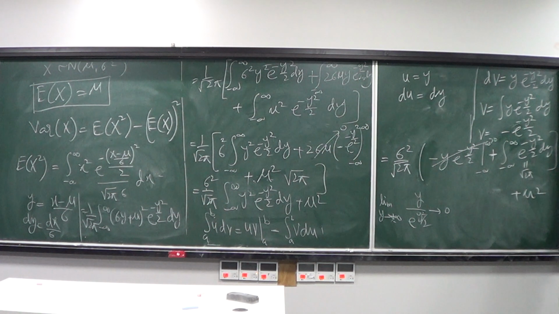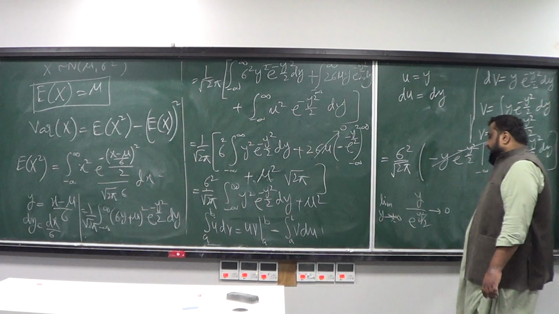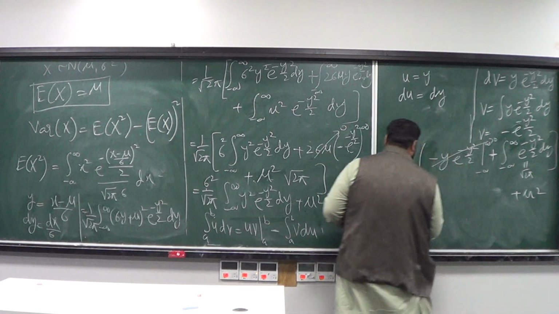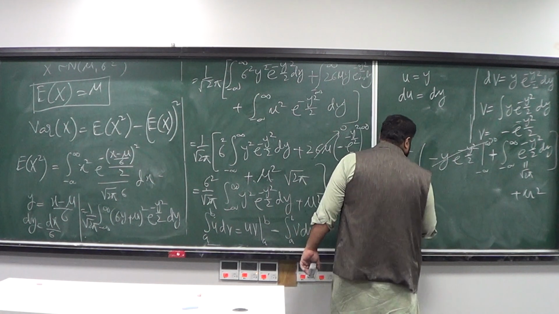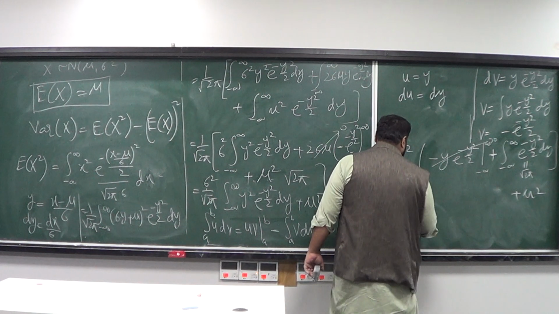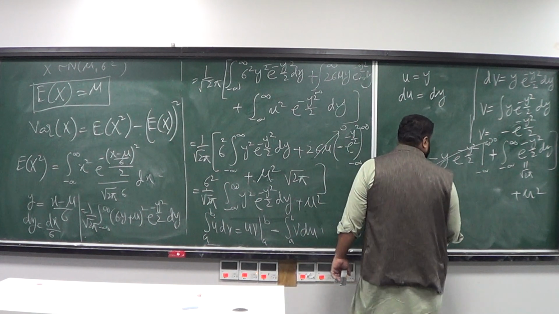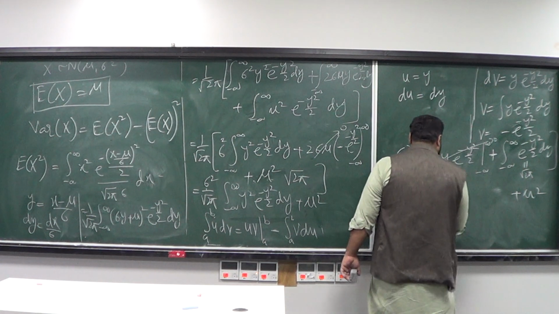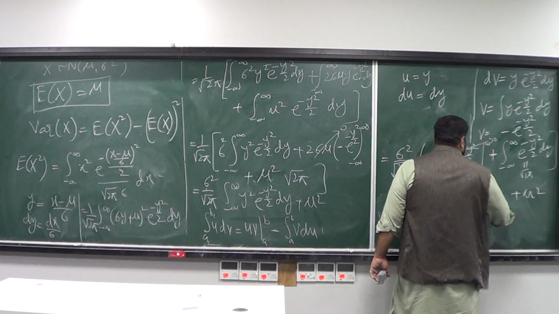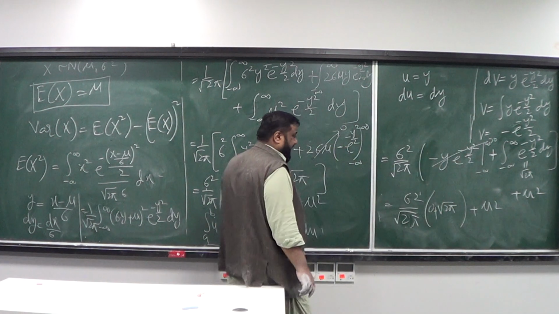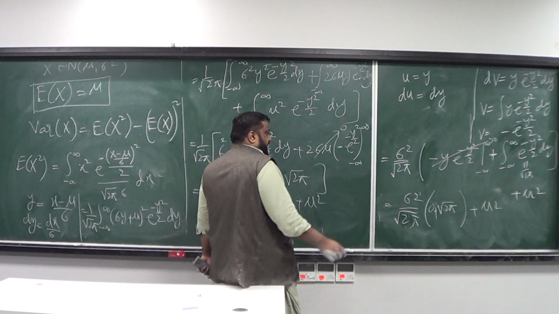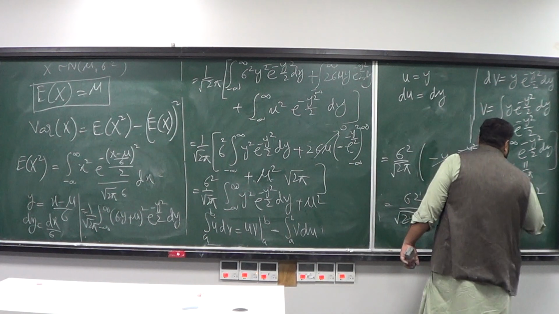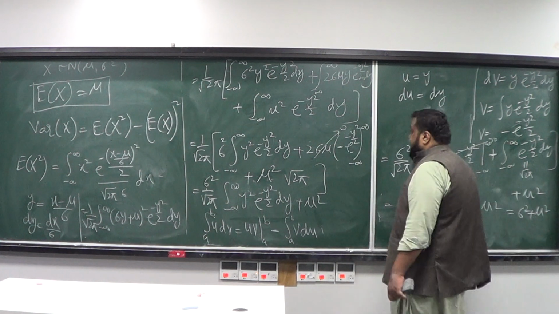The square root of 2 pi gets cancelled, so the quantity is sigma square by square root of 2 pi times (0 plus square root of 2 pi) plus mu square. So this and this will be cancelled, and what you get is mu square plus sigma square.